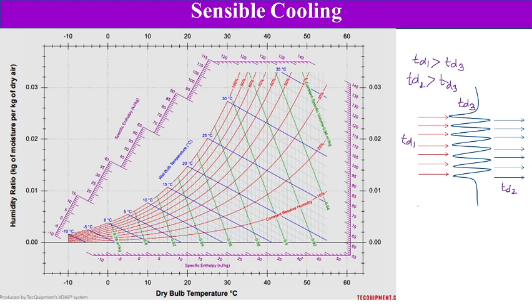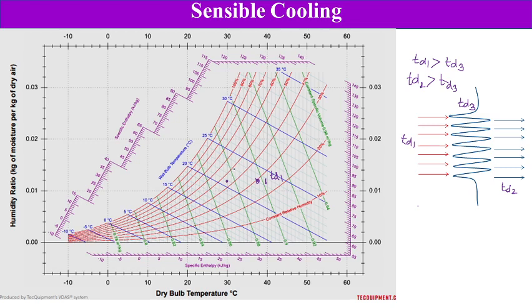Let us consider the dry bulb temperature of air as, say, 38 degrees Celsius. So we mark the point at 38 degrees Celsius here. The first point we mark is TD1, the temperature of air entering the coil, at point 1. Then when this air is passed over the coil, its temperature gets reduced to TD2. Say we assume that it reduces to 30 degrees Celsius.